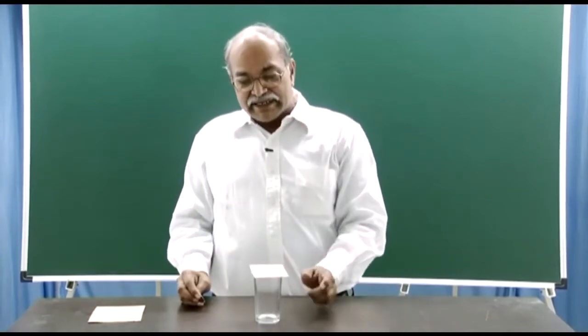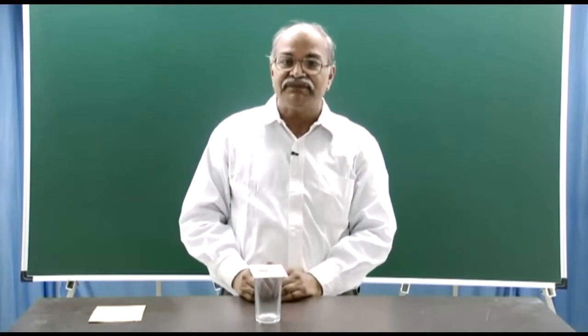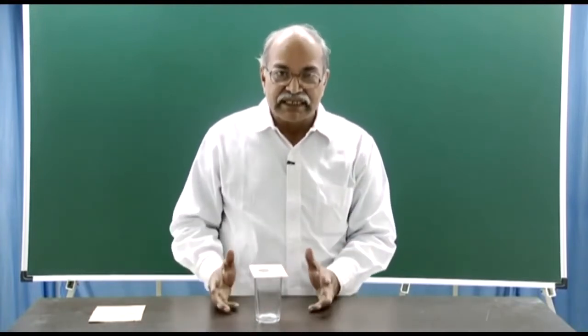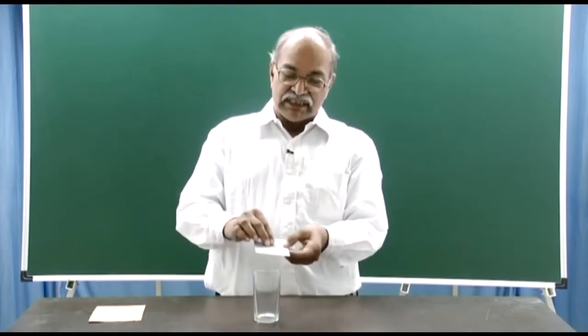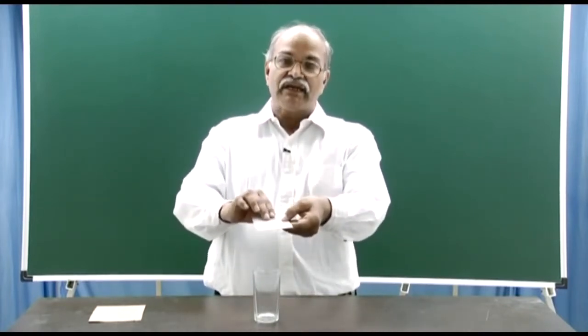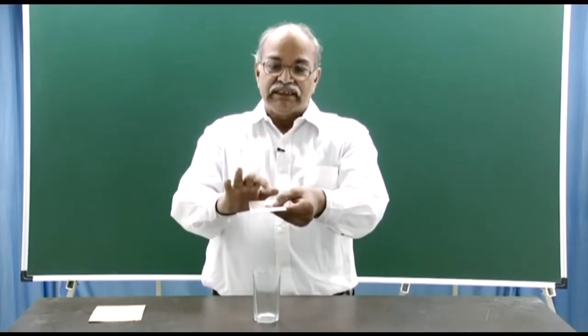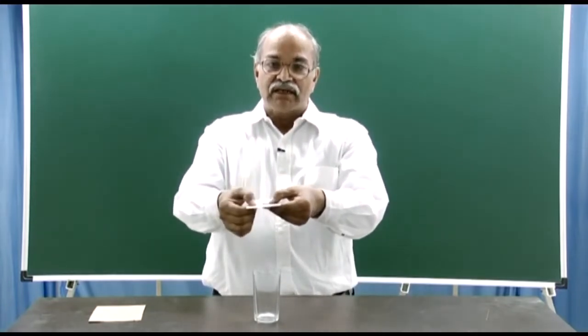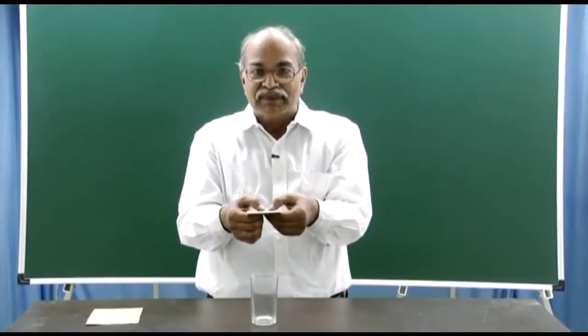So, let us understand it with the help of this friction that we have discussed. The qualitative part is that once this card starts moving in the forward direction because of the flick, there is a relative slipping between the coin and the card.